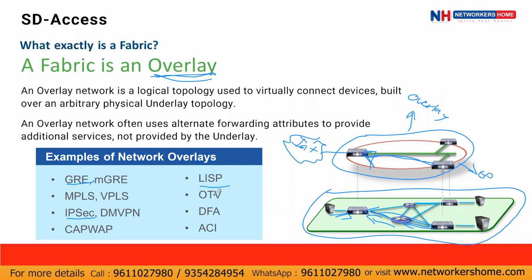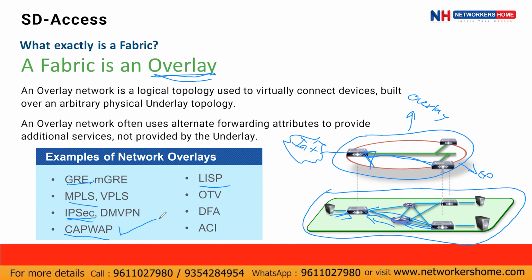Now LISP, MPLS, GRE, IPsec, or even CAPWAP, everything is an overlay network. CAPWAP, everyone is aware of from the wireless part. The access point registers with the wireless controller using this specific protocol.